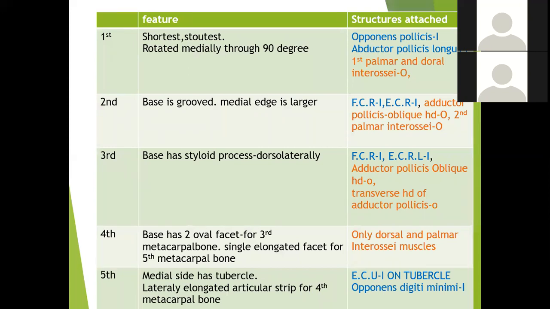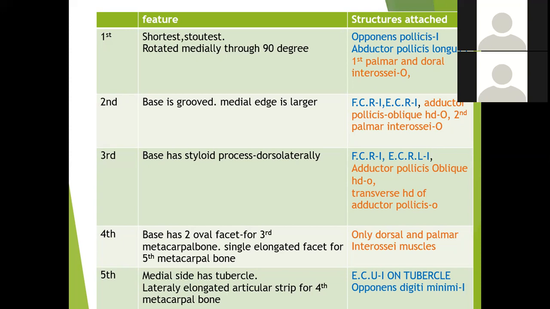The first metacarpal bone is the shortest and stoutest bone, and it is rotated medially through 90 degrees. That is why we can rotate the thumb in all directions. Next, the second metacarpal bone. Here the base is grooved, and the medial edge of the base is larger.